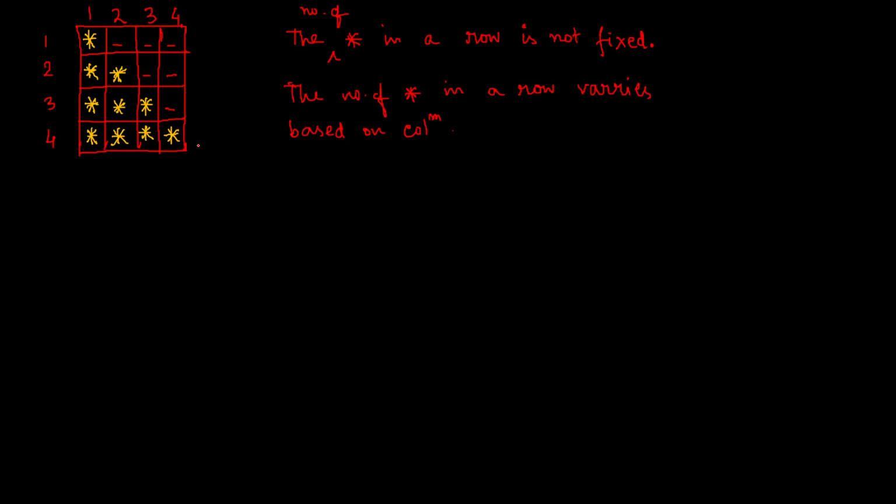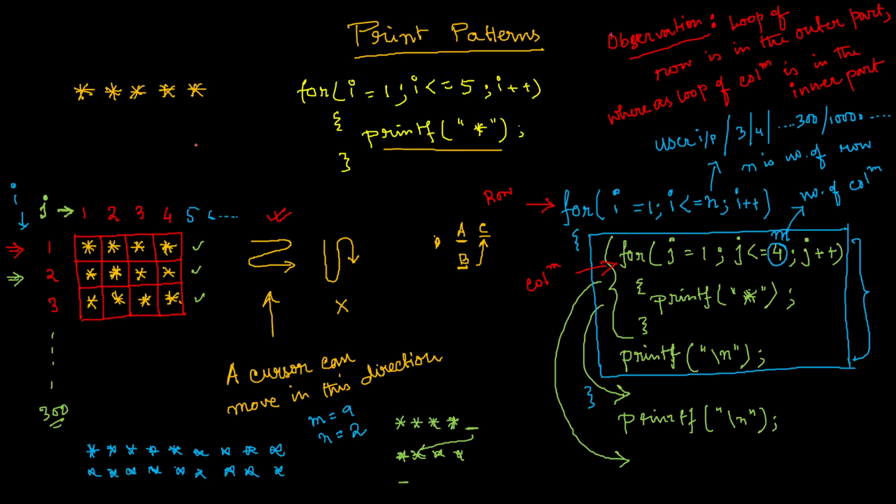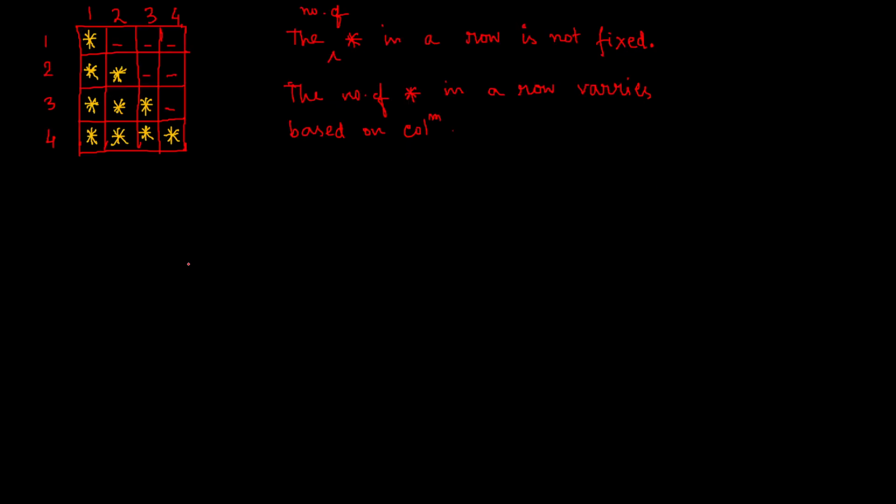So basically what you have to do is, in the previous case, the program that we have written over here, let's write it again just for reference. We wrote a program something like: for i equal to 1, i less than or equal to n, i plus plus, and within this for loop I have a loop for j equal to 1, j less than or equal to m, j plus plus.